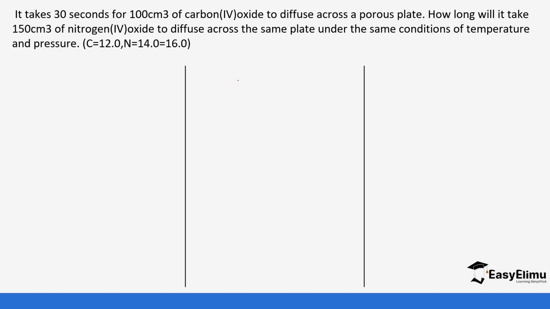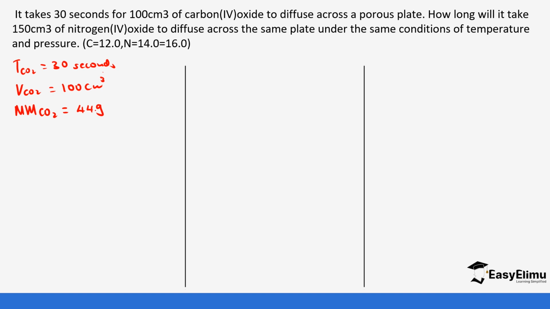So we have time of CO2, which is 30 seconds. We have also volume of CO2, which is 100 centimeters cubed. And then we can also get the molecular mass of carbon dioxide, which we did in the previous example, which gave us 44 grams.